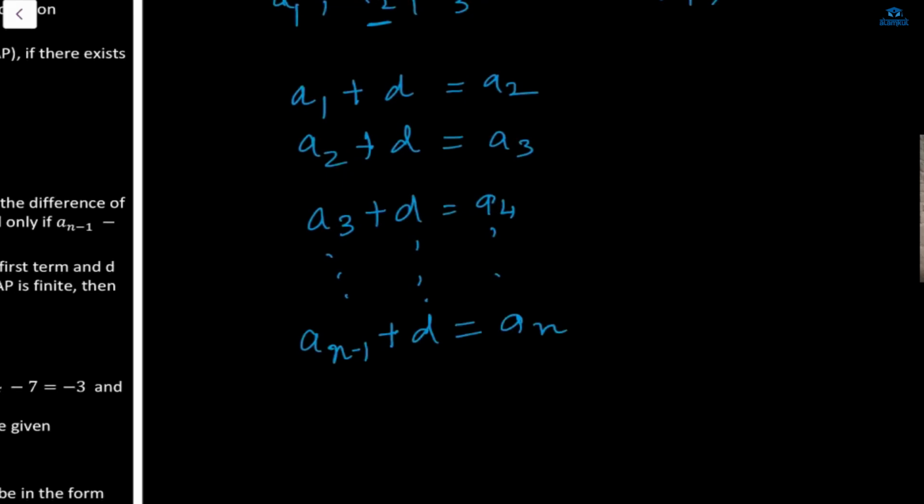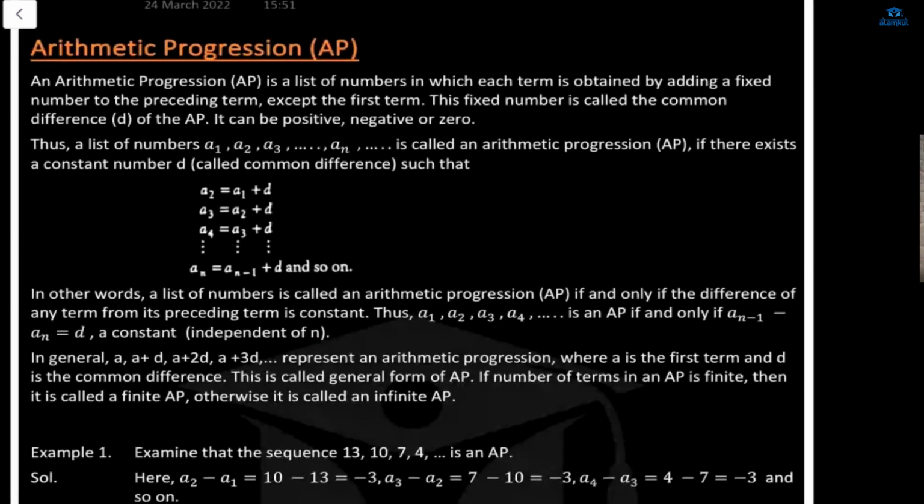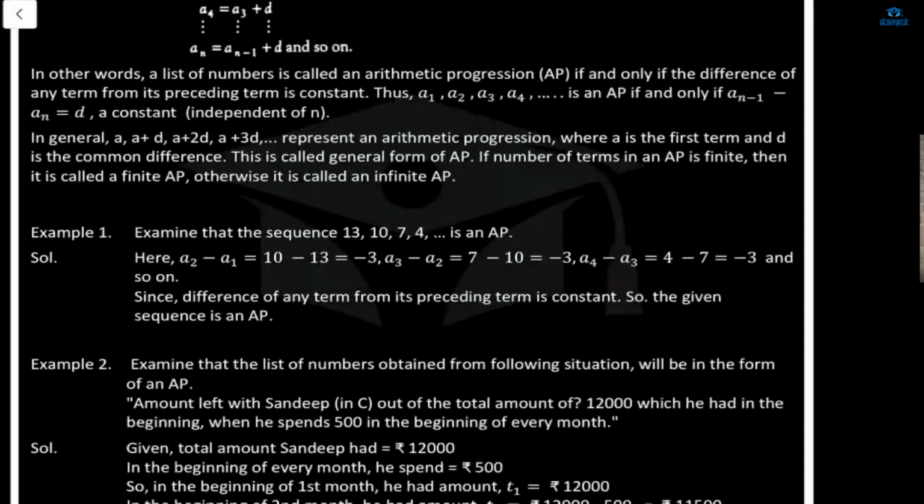So there's a common difference in an arithmetic progression. We can see the definition here: a list of numbers in which each term is obtained by adding a fixed number to the preceding term, except the first term, because the first term is the starting one, the initial. And if the common difference is not given, and it is written that this sequence is an arithmetic progression, how can you find the common difference?